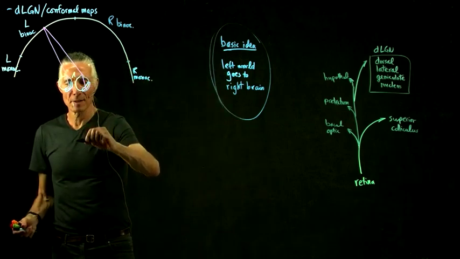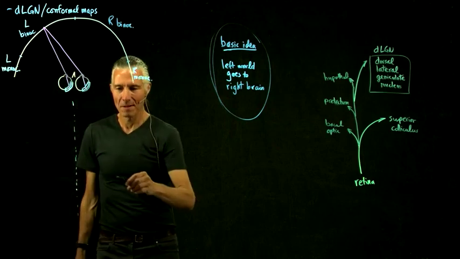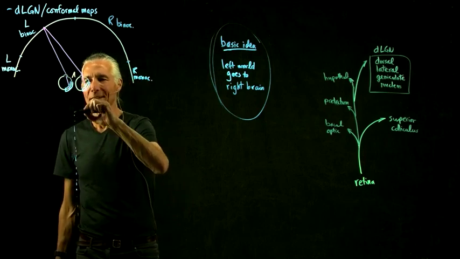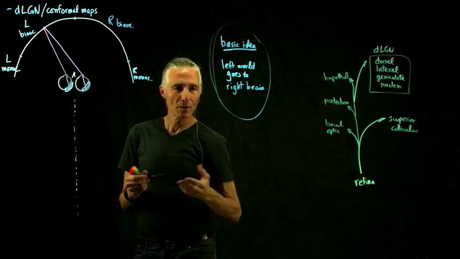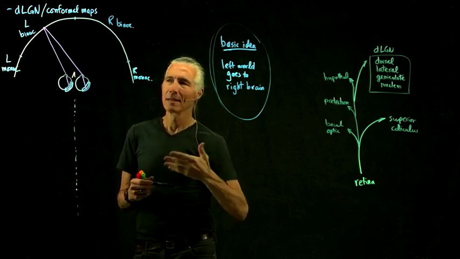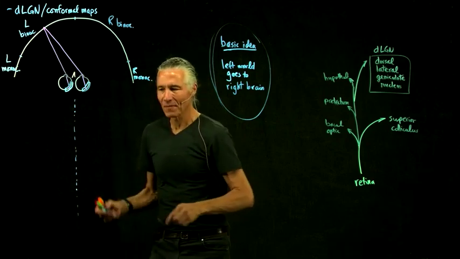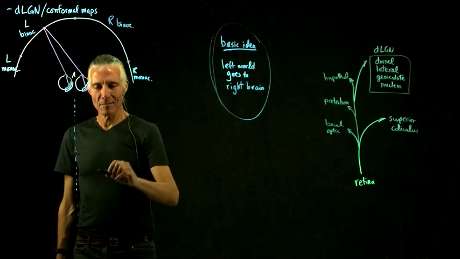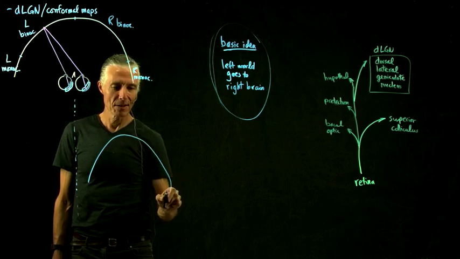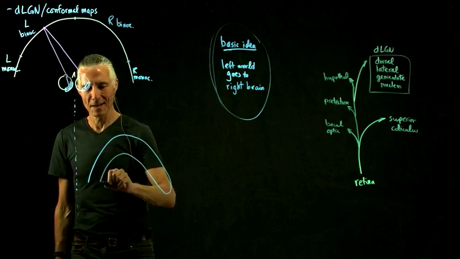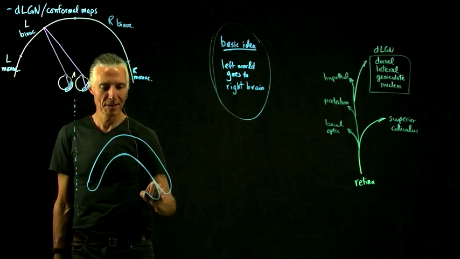It looks like a really big taco, upside down. Next time, once we get the audiovisual working again, I'll show you pictures of the geniculate. You can also look in the notes. I've got some nice actual micrographs of what the geniculate looks like in real life. So what is it? It's kind of these very thick layers, and it turns out there are a lot of layers. It's bent like this into an upside down taco.